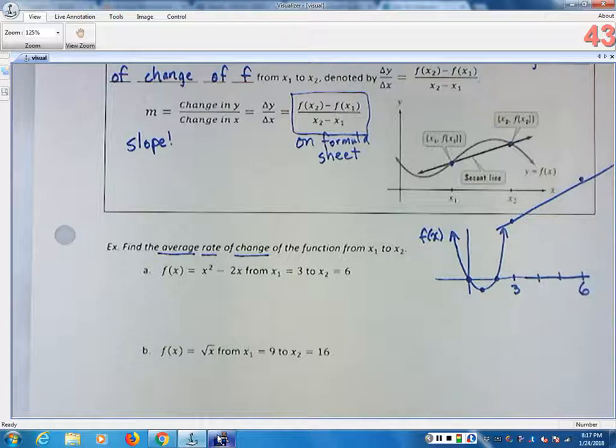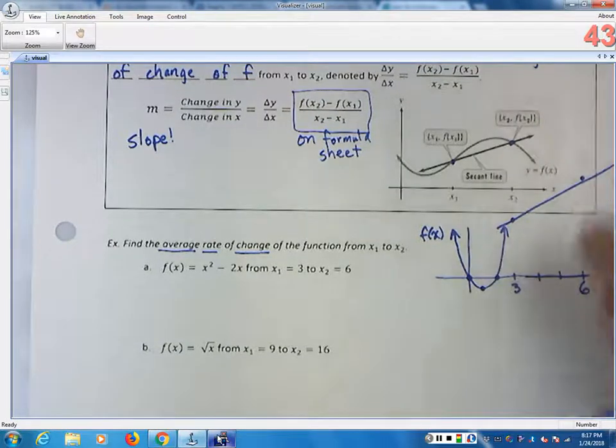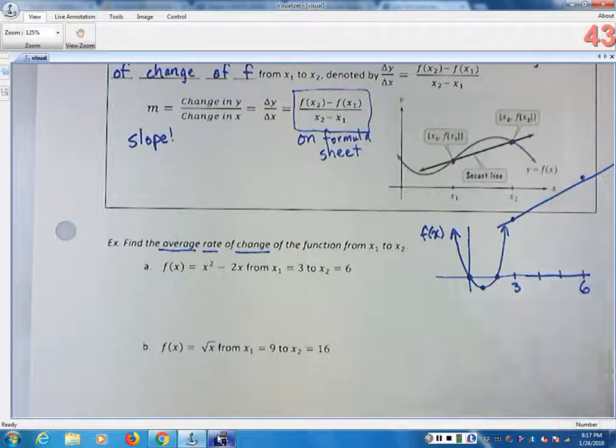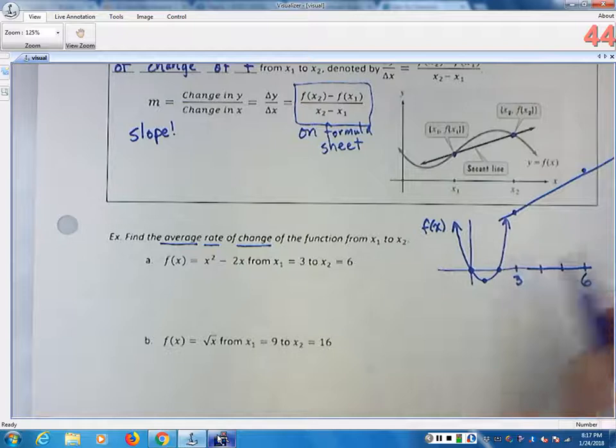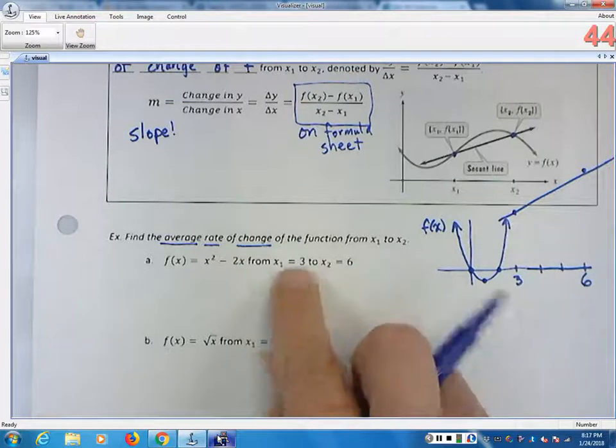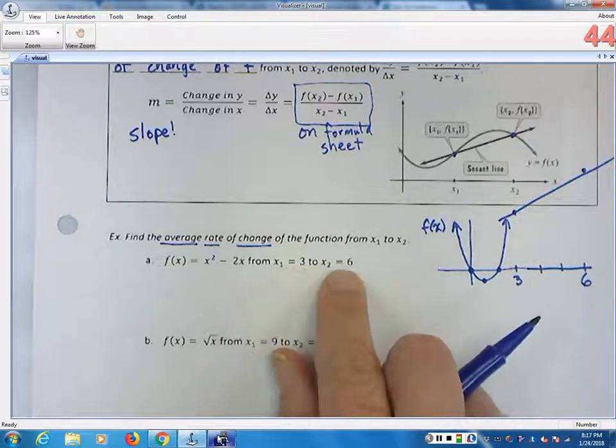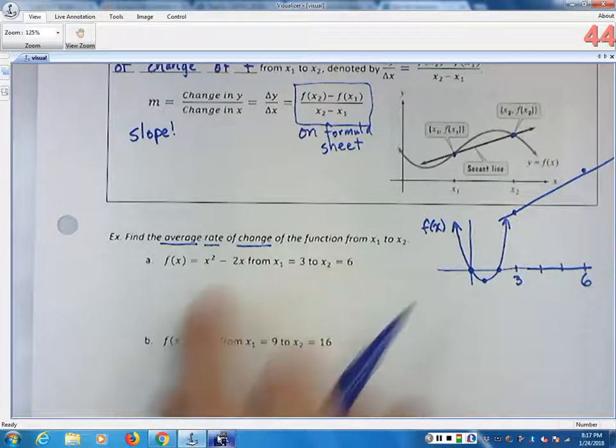I drew it different. It's way up there. That's not a very good picture, but the slope between the points where x is 3 and x is 6, this could be the average rate of change.